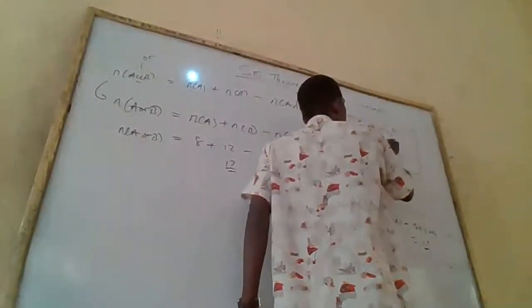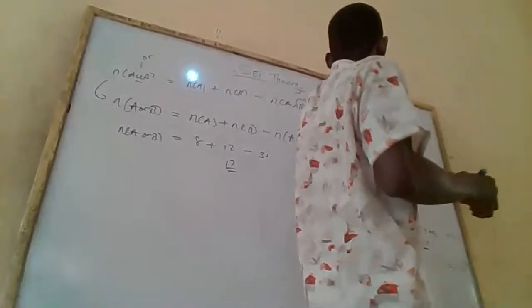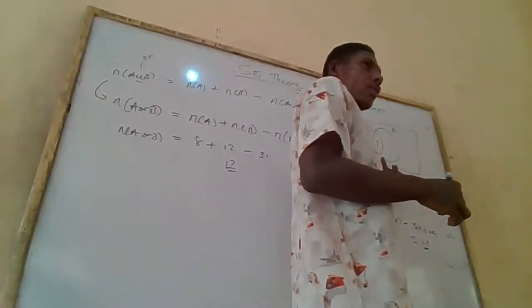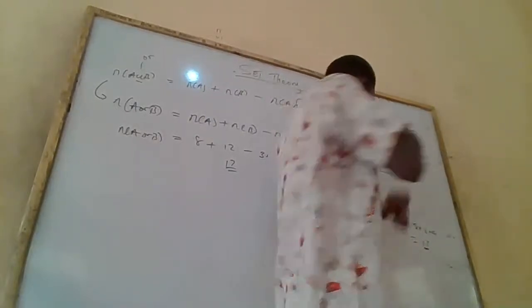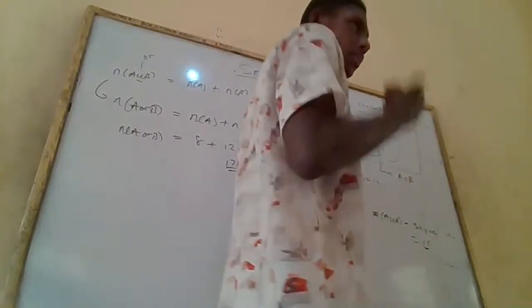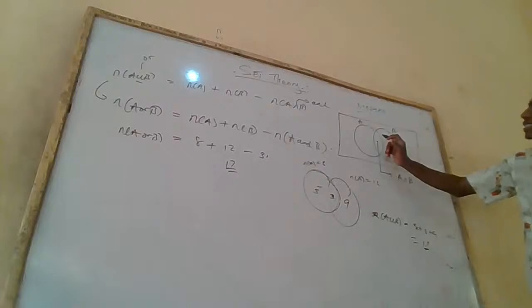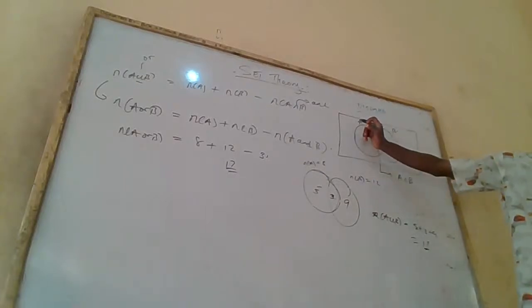This region here has a part of B and also a part of A. Yes or no? So this region is for both A and B. So this one is A intersection B. Now, you can see that it is everything here. All the circle of A will give A, right?